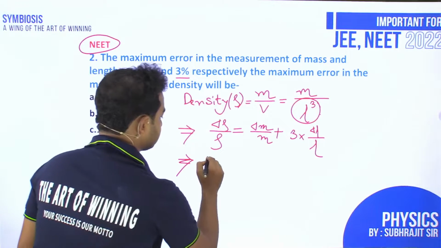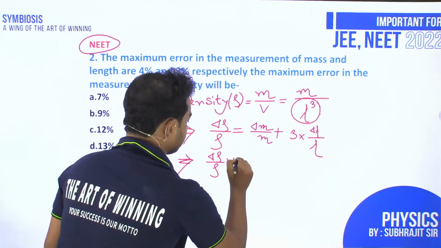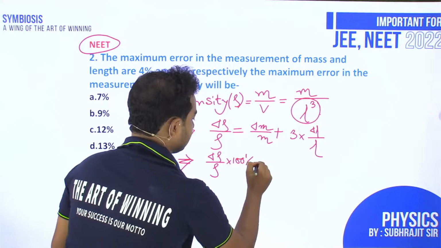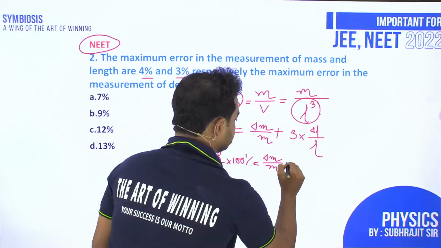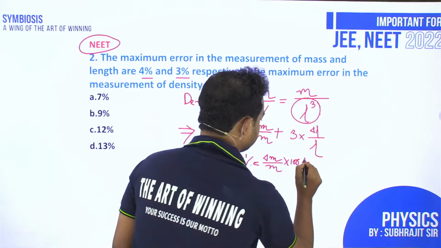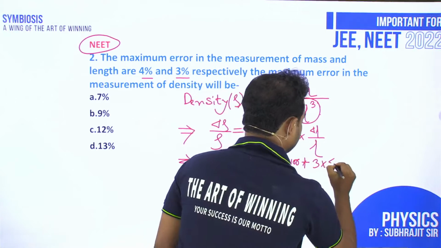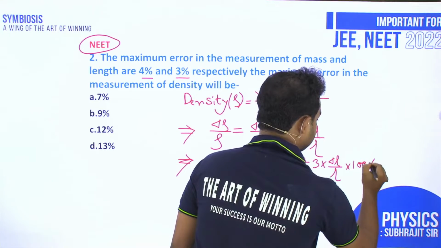Now next step is del rho by rho into 100% is equal to del m divided by m into 100% plus 3 into del L divided by L into 100%.